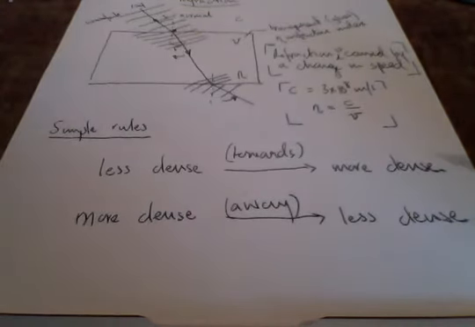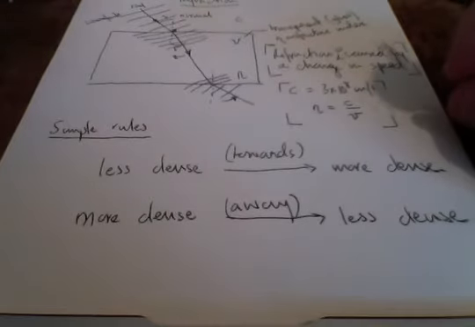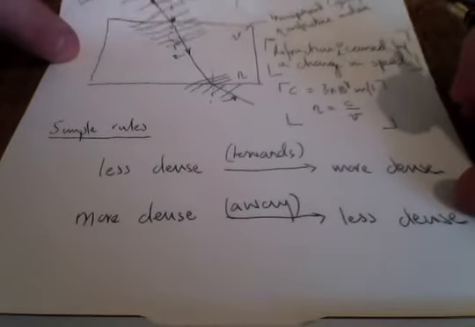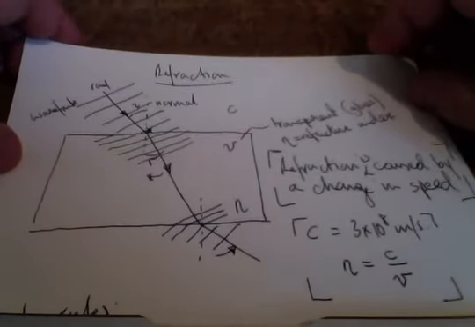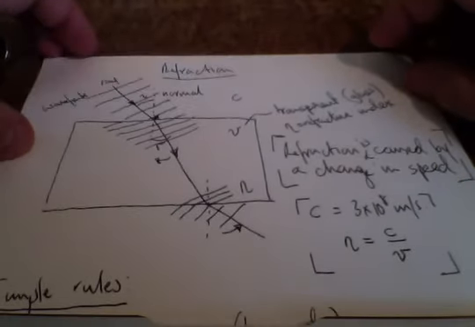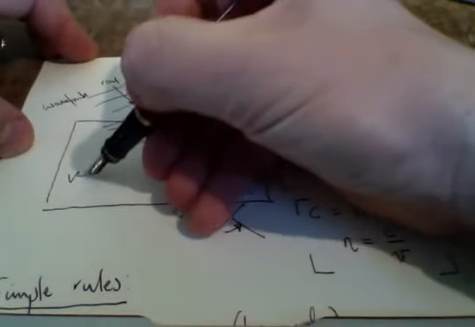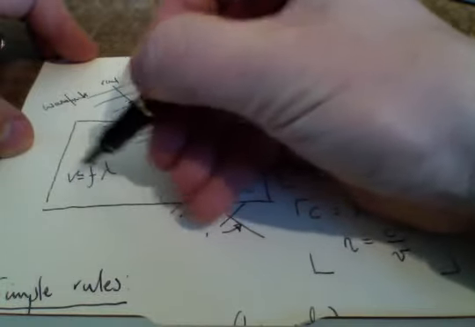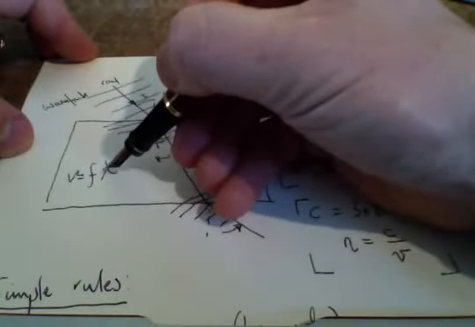Now, that's all well and good, but we need to be able to put some serious numbers to this. One quick reference here: let's think about our wave equation. The velocity of the wave, the speed of the wave, is the frequency times the wavelength.